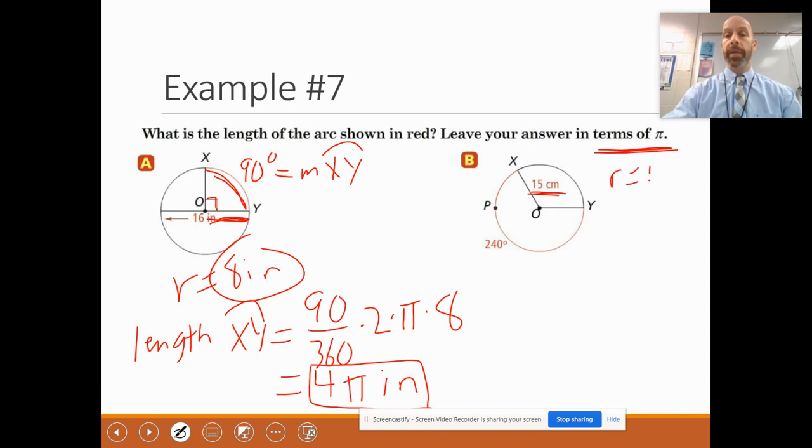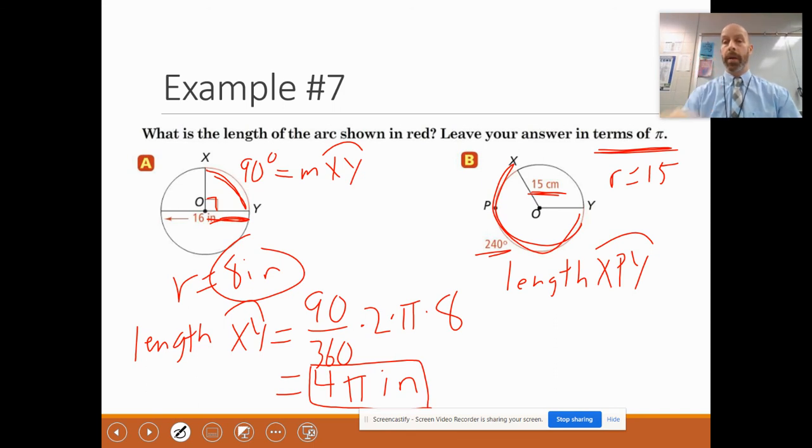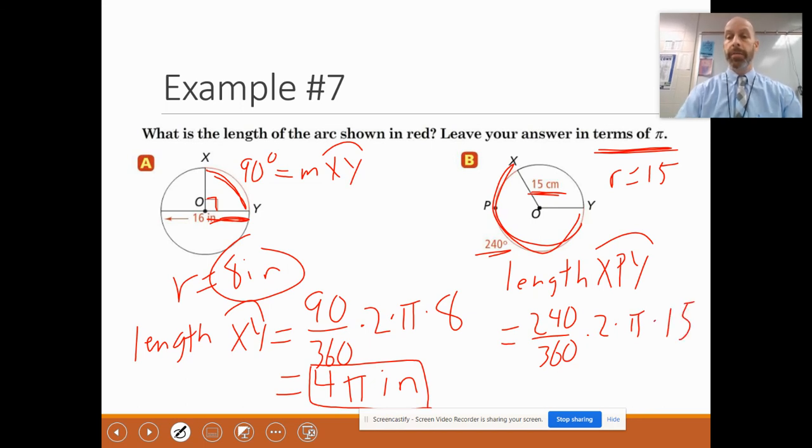So r is 15. To find the length of our major arc, this is a major arc, its measure is 240, and I'm going to call it xpy, using 3 letters because it's an arc. That's going to be equal to 240 over 360 times 2 times pi times the radius, which is 15.